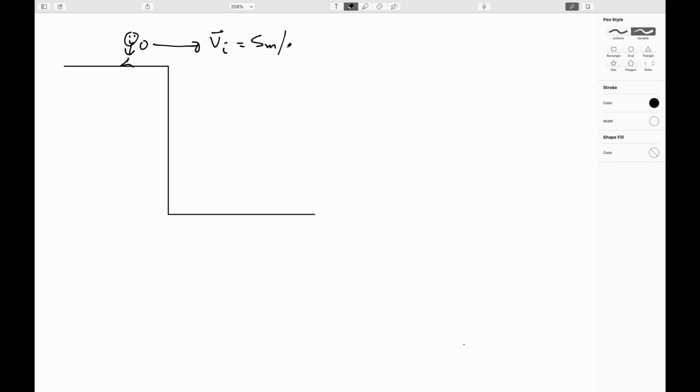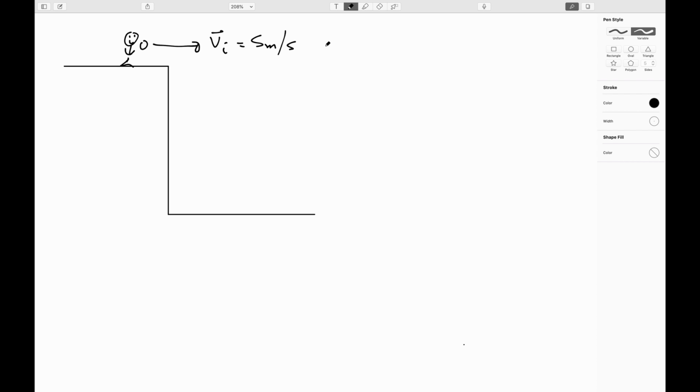So let's say you are on the top of a cliff. Like so. There you are. And you're going to throw a ball off the cliff. And let's say you launch it at 5 meters per second, purely in the x direction.